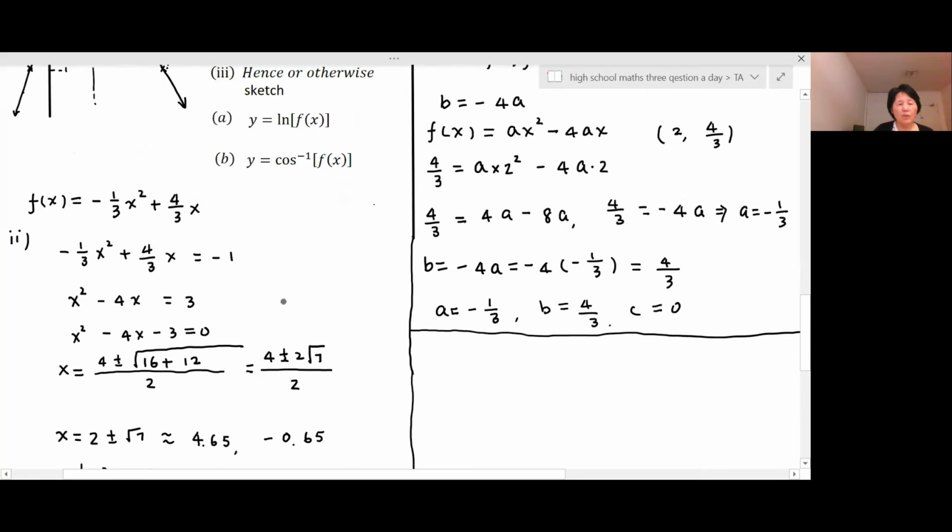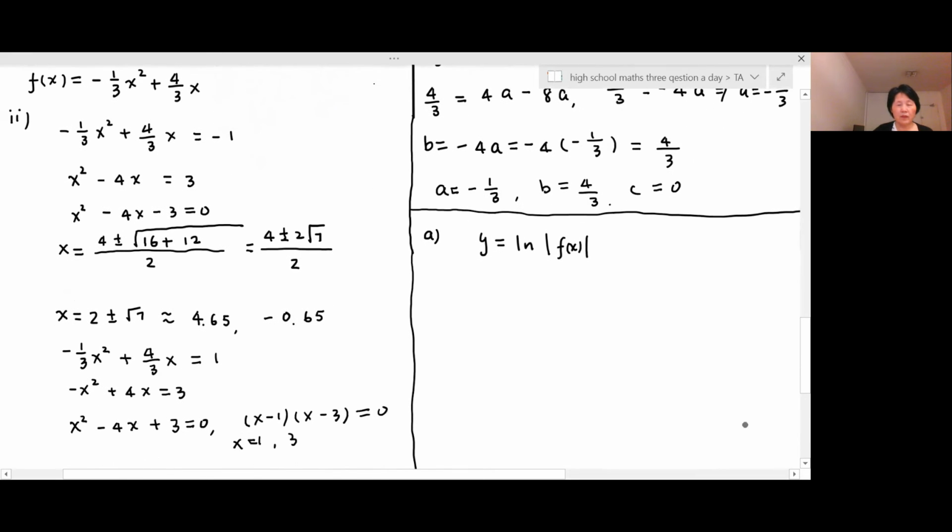Okay, so now question 3, so it requires, hence or otherwise, sketch y equal to log f(x). Okay, first one, I just draw this one. Okay, so we got the f(x).